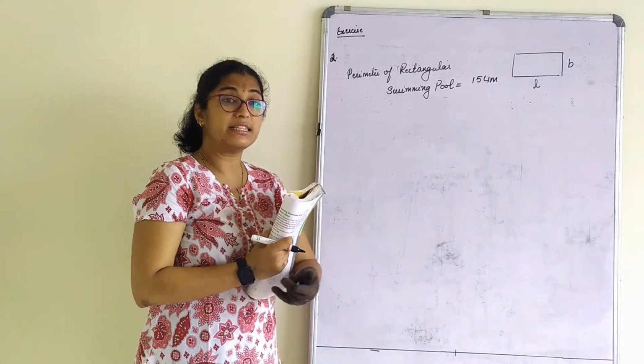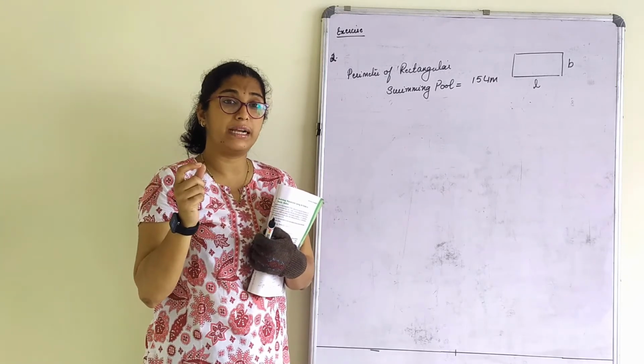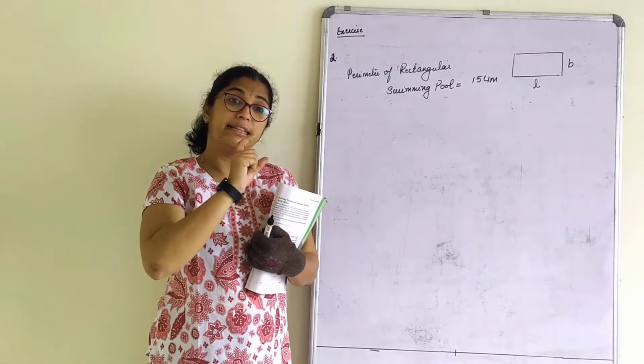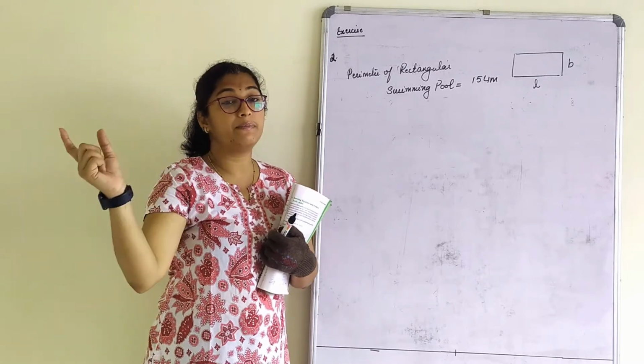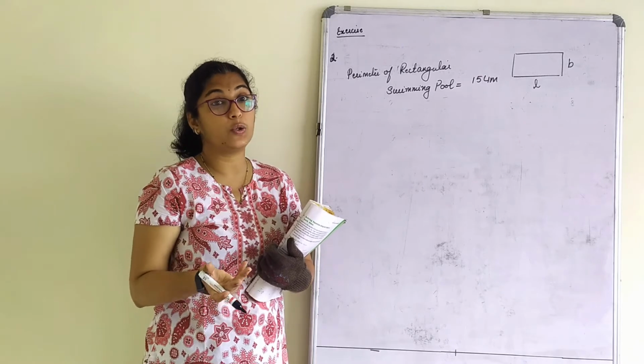Now its length is 2 more than twice its breadth. That means if I know what the breadth is, I can tell that its length is 2 more than twice the breadth. But I am not aware what the breadth is here.